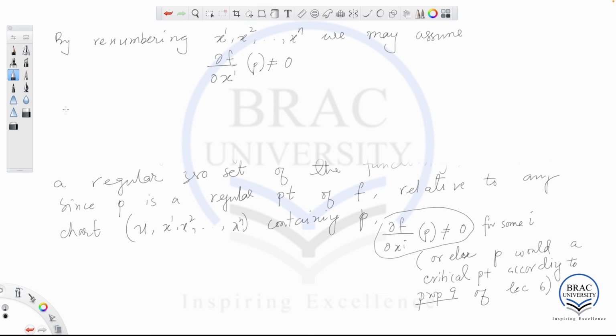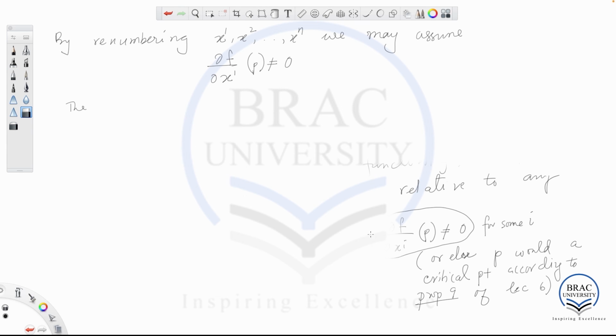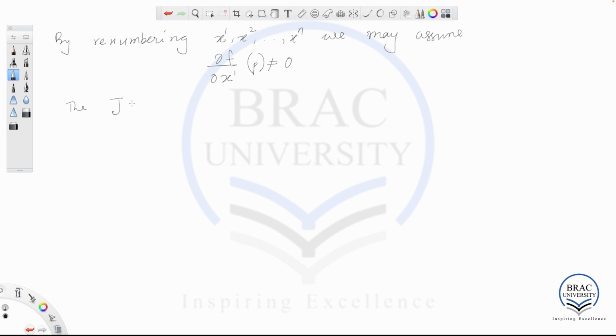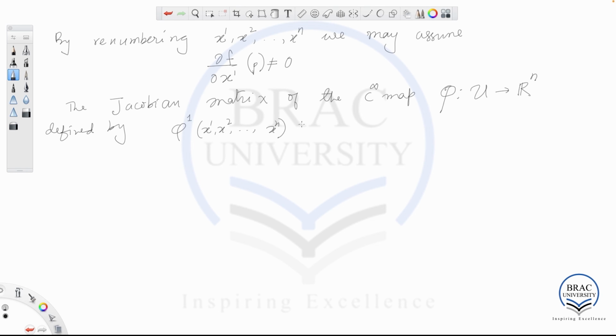Now, the Jacobian matrix of the C infinity map phi from U to R to the n defined by phi 1 of x1, x2 all the way up to xn is equal to f of x1, x2 all the way up to xn.